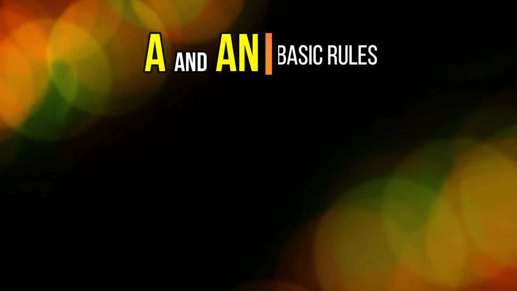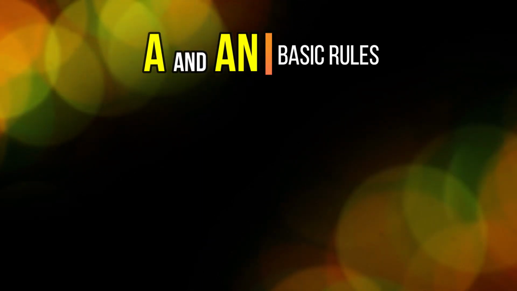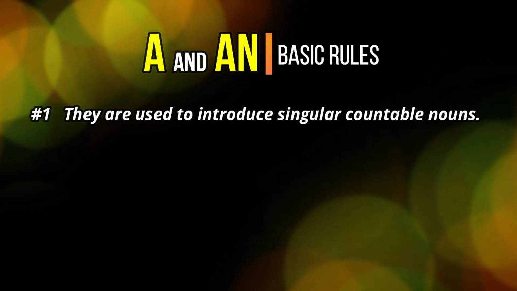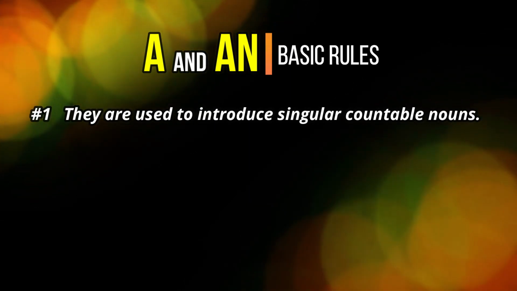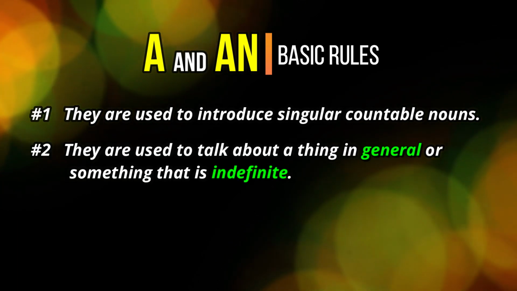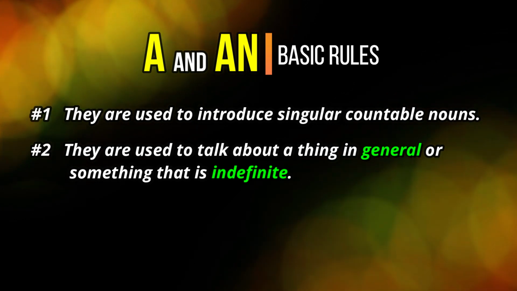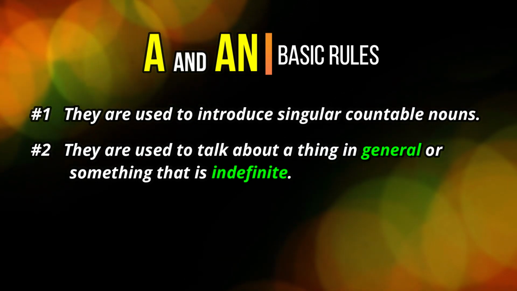So our basic rules for a and an, which we will be coming back to a lot, are number 1, they are used to introduce singular countable nouns. Number 2, they are used to talk about a thing in general or something that's indefinite.